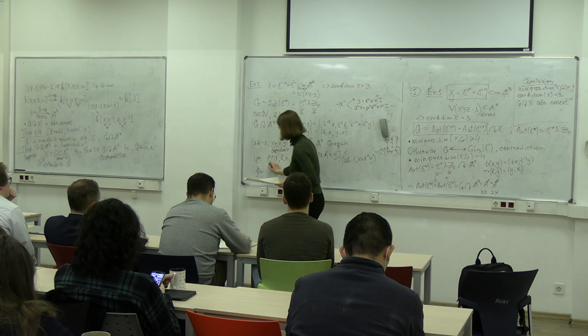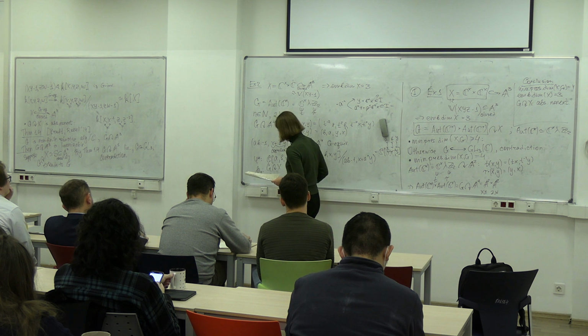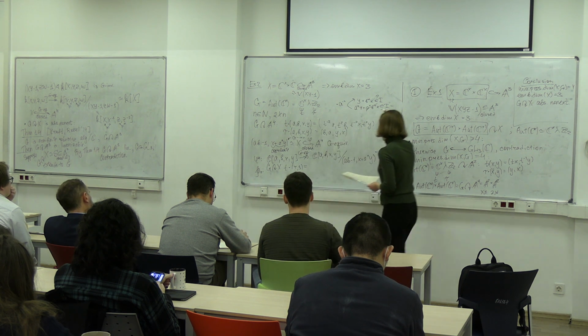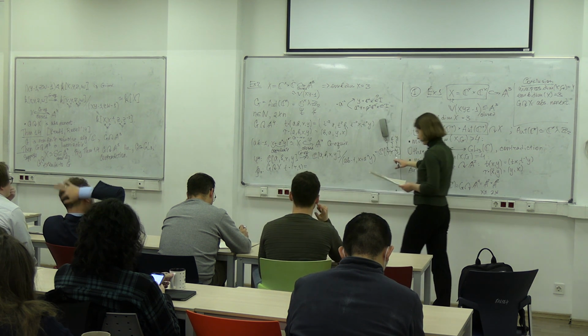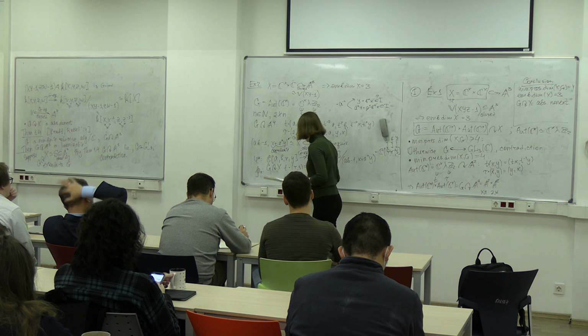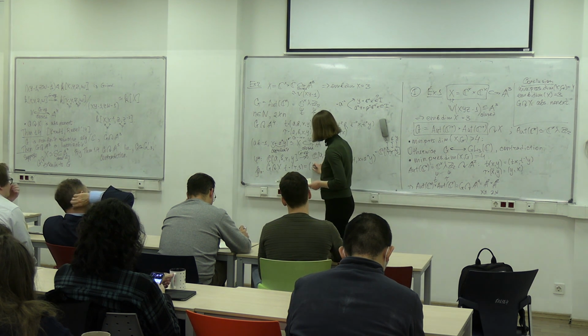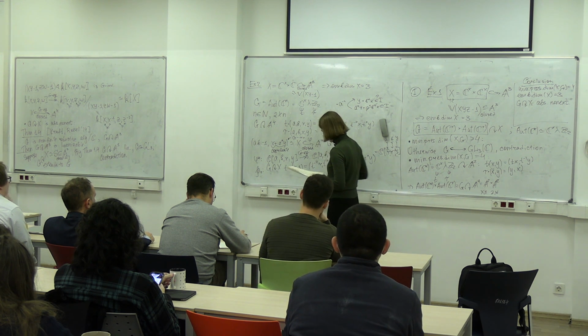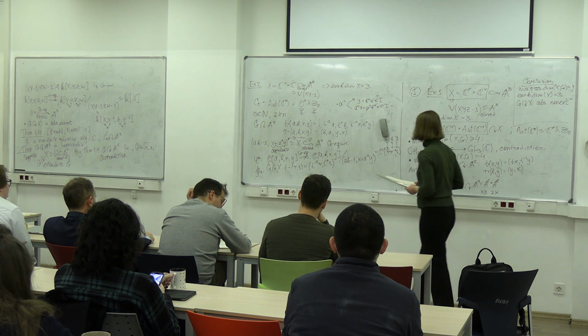Look at the following action. On the element here, when we apply t to R and S, R is multiplied by t to the power of minus 2, and S is multiplied by t to the power of n.